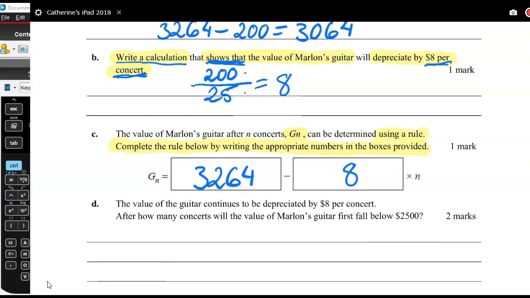Now part D. The value of the guitar continues to be depreciated by $8 per concert. After how many concerts will the value of Marlon's guitar first fall below $2,500?